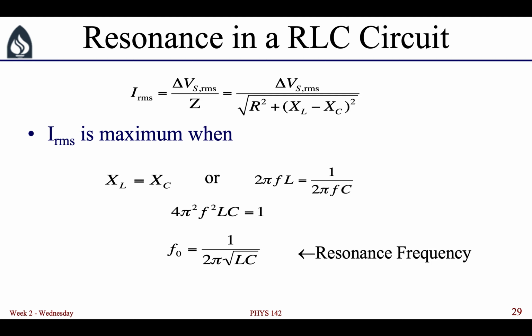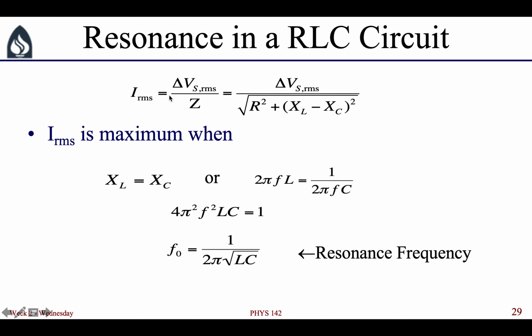RLC circuits can undergo resonance, and we can see why this happens if we look at the formula for the current, and think about when the current is going to be maximum.